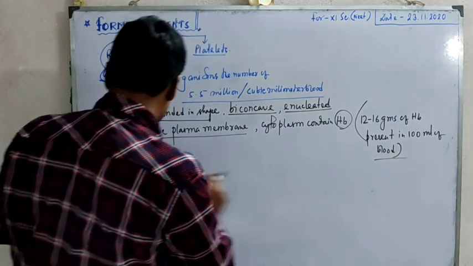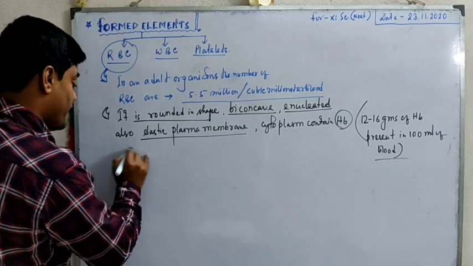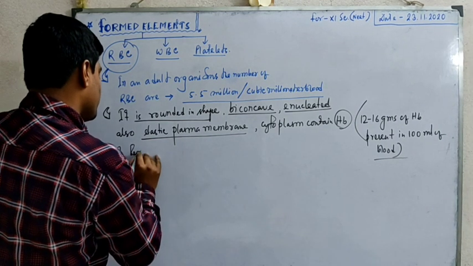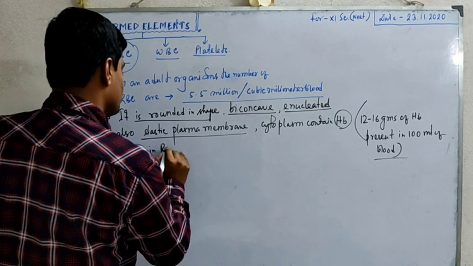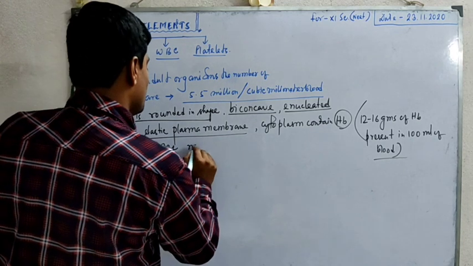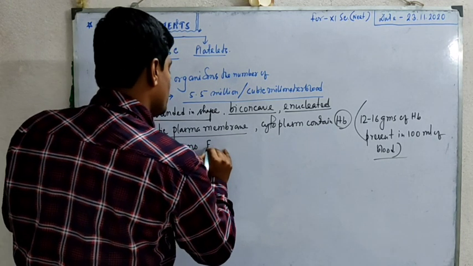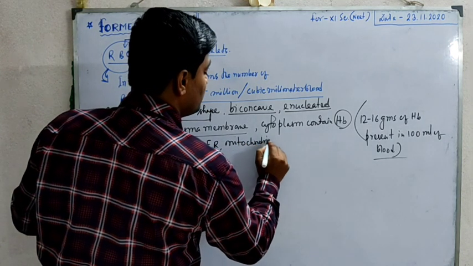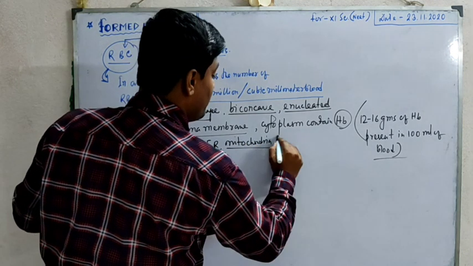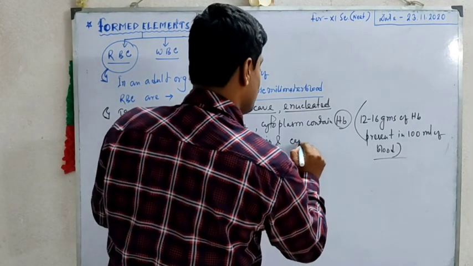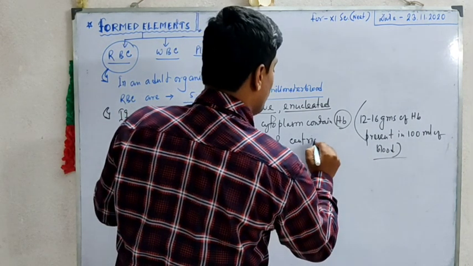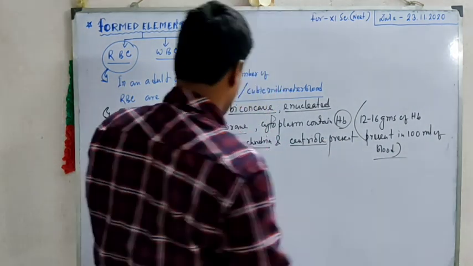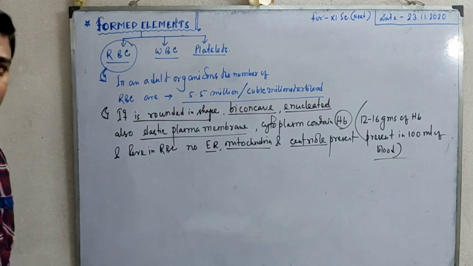The cytoplasm contains Hb, and a very special note: in RBC, no mitochondria and no centriole are present.